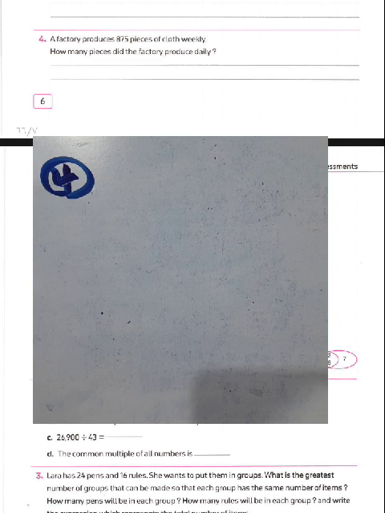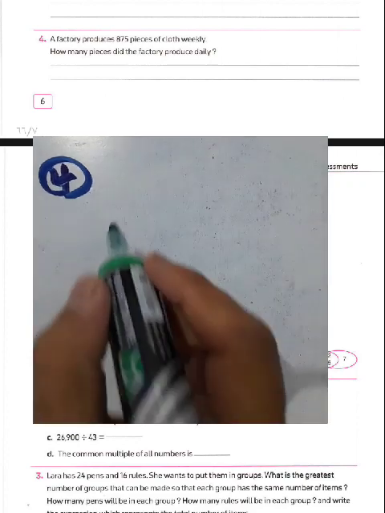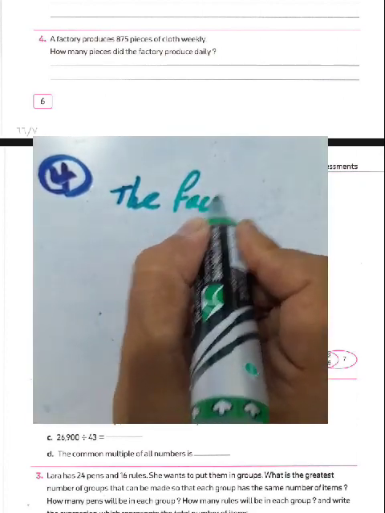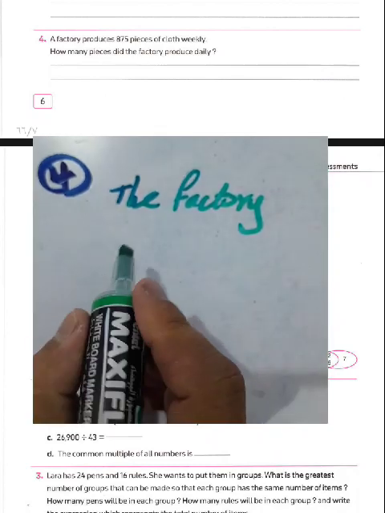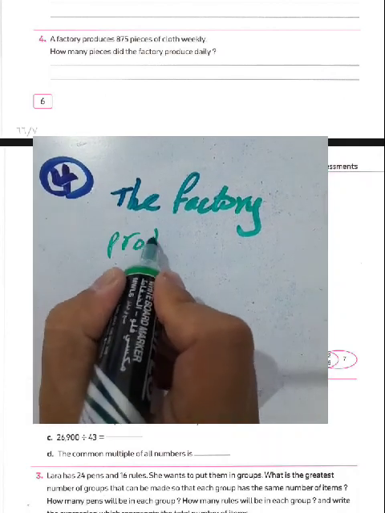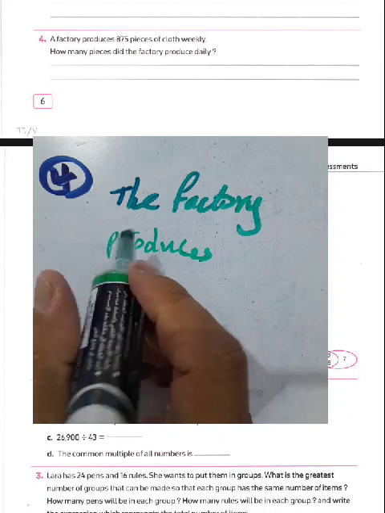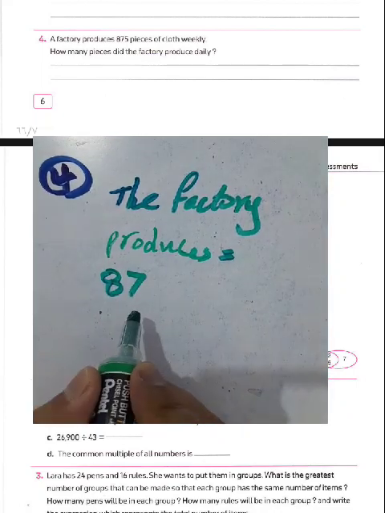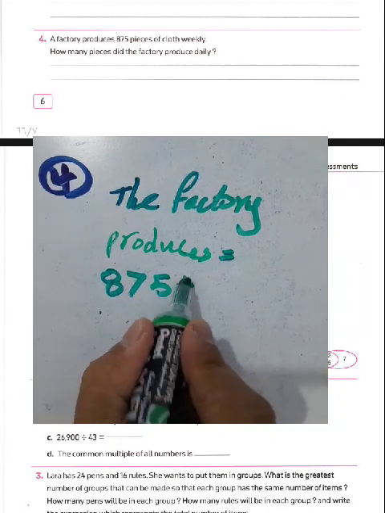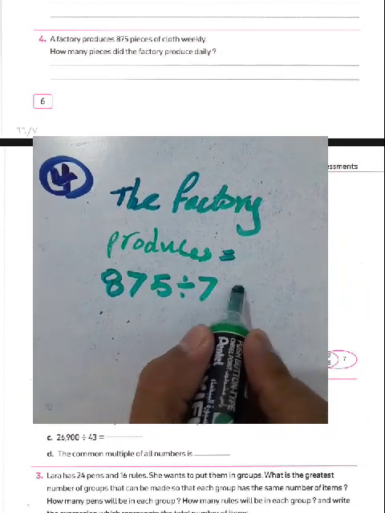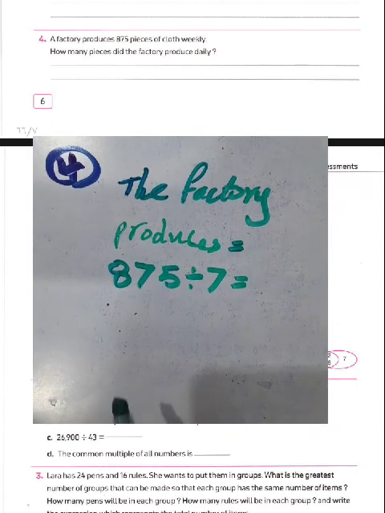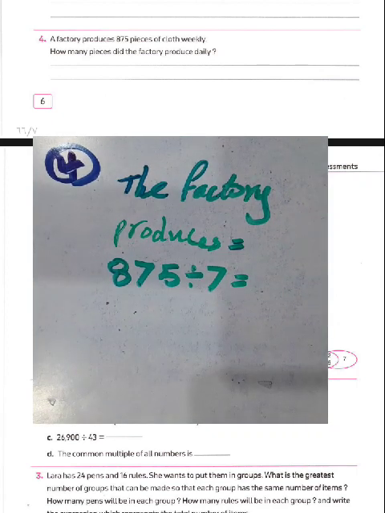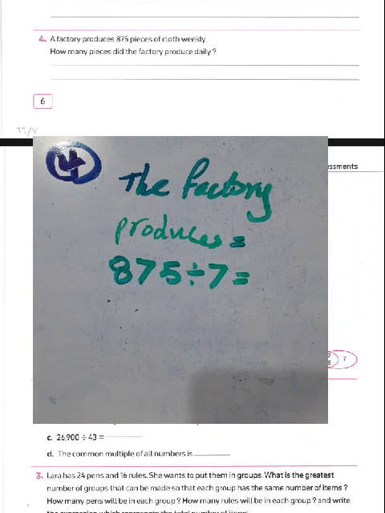The factory produces 875 divided by 7, because it tells us in the example it produces weekly, and we know any week has 7 days.